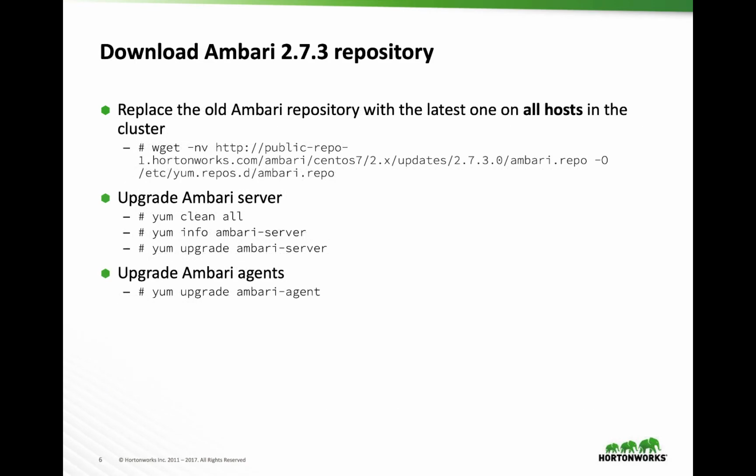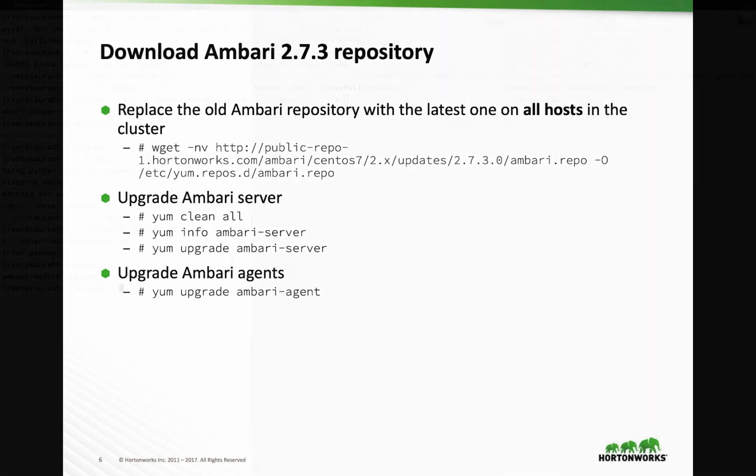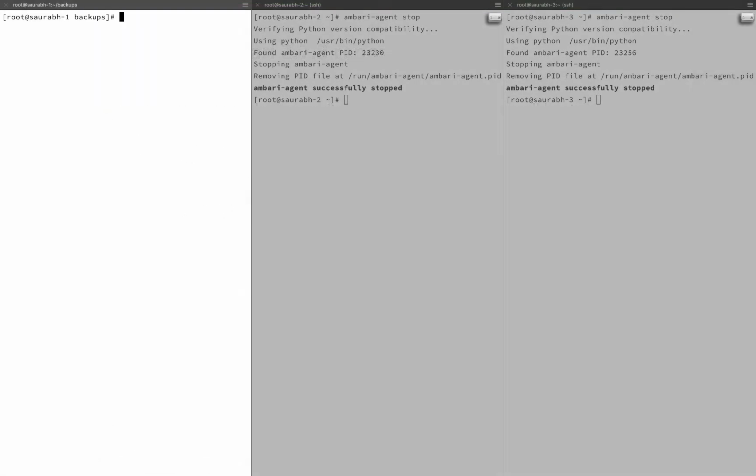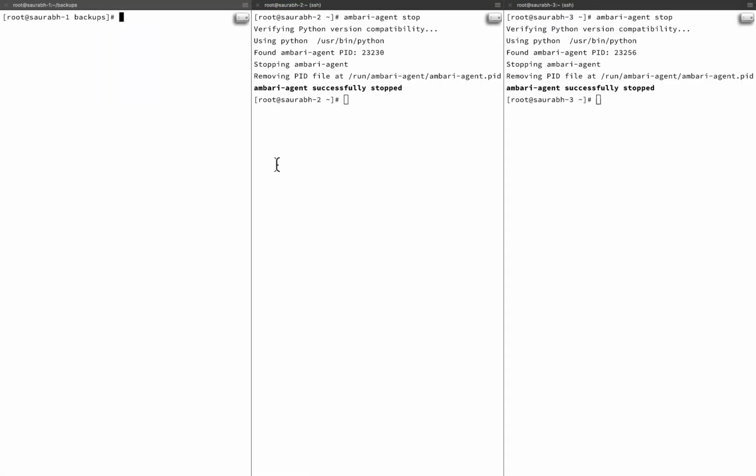In the next step, we will now download the latest Ambari 2.7.3 repository and replace the Ambari 2.6.2 repository with the latest one. We should do it on all the nodes in the cluster.